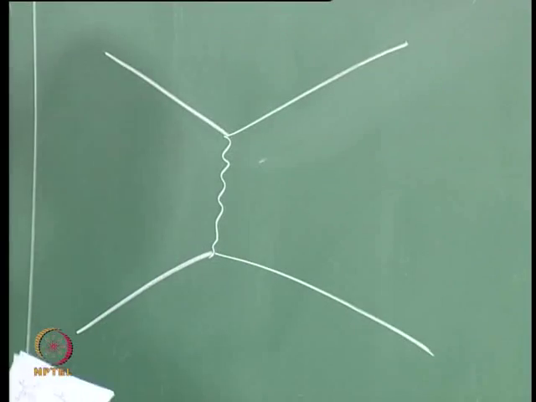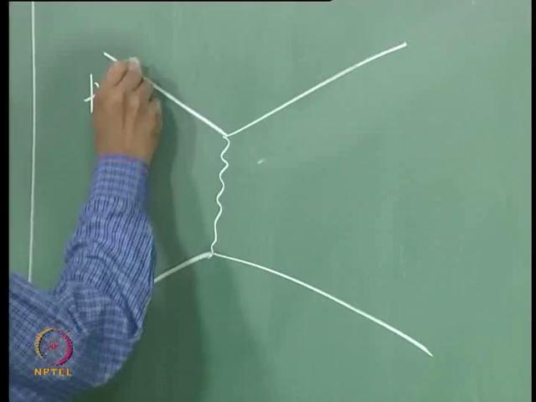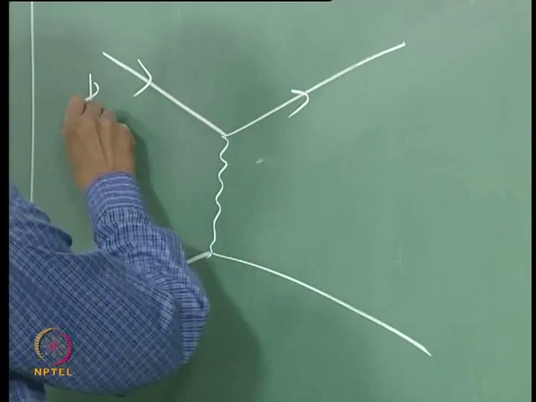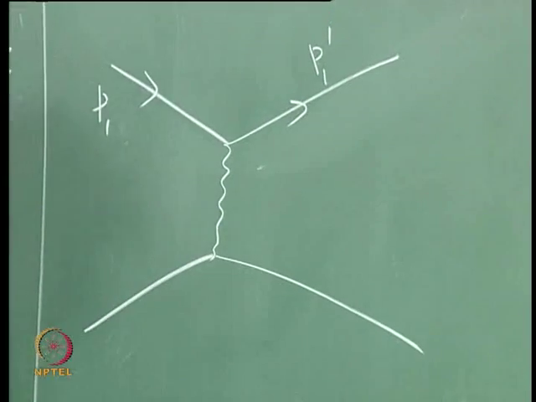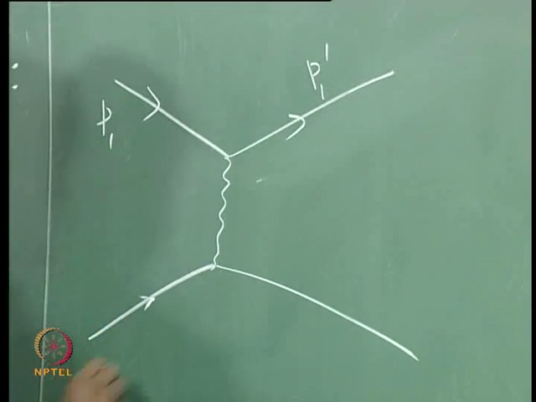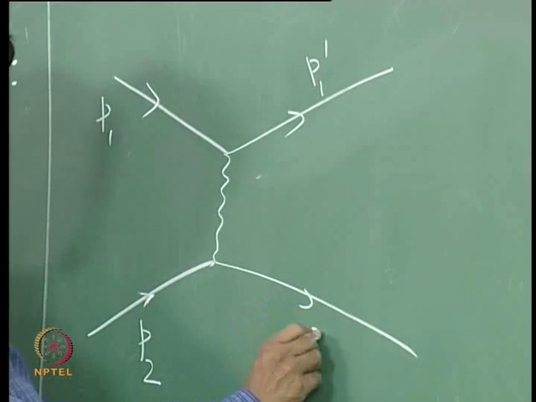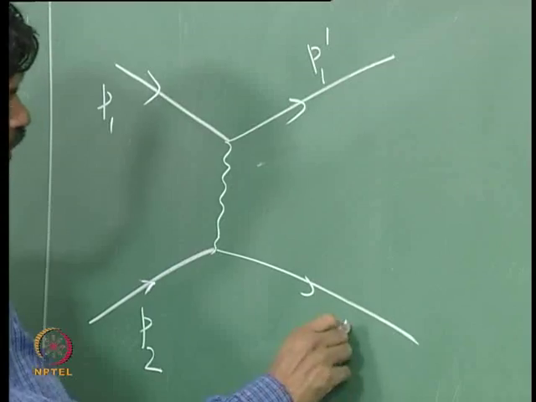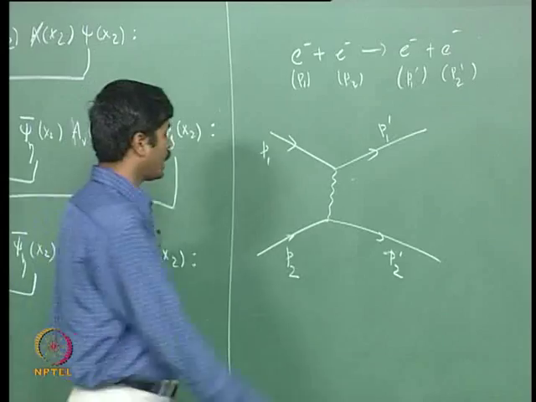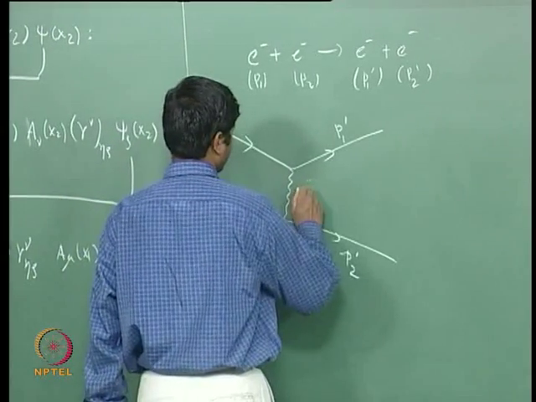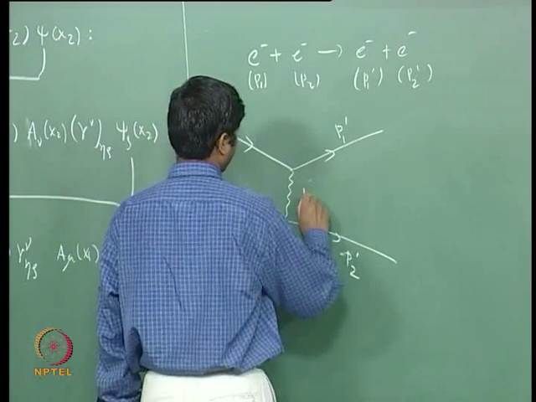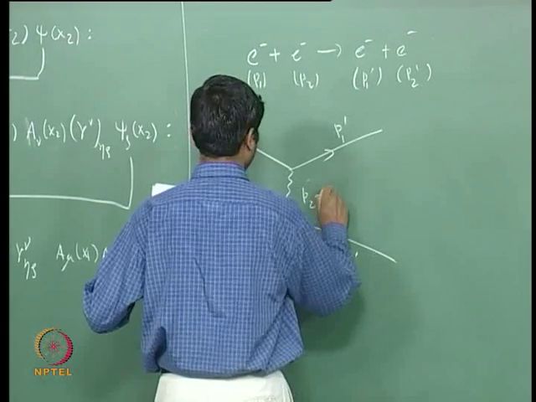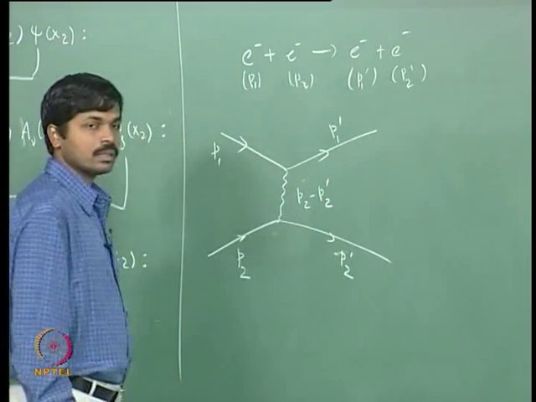For one of them you have an incoming electron of momentum p1, outgoing electron of momentum p1', incoming electron of momentum p2, outgoing electron of momentum p2', and then you have a photon propagator of momentum p2 minus p2'.